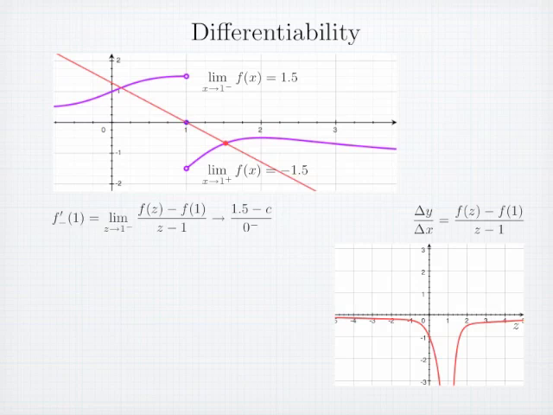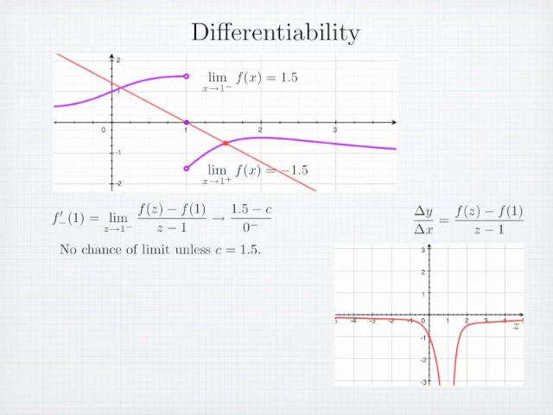If I let c represent the value of f of 1, then the top of my slope is 1.5 minus c. The bottom is going to 0. But because z is less than 1, z minus 1 is always a small negative number. So this limit only has a chance of existing if c, f of 1, is equal to 1.5.